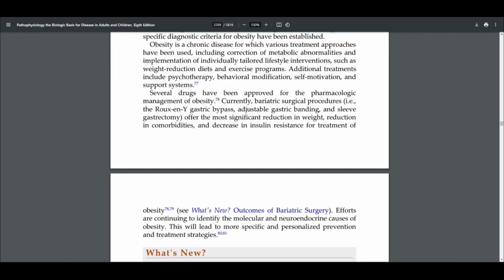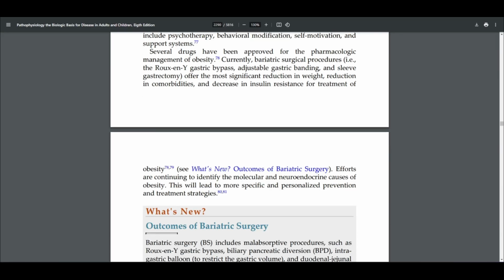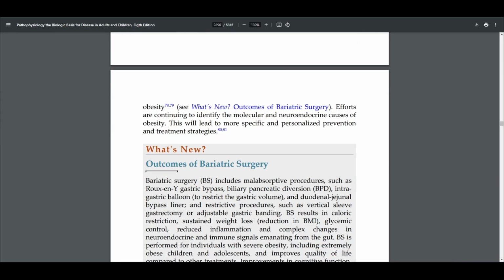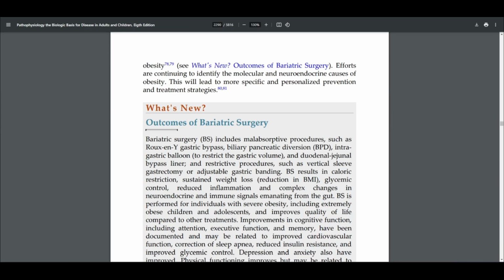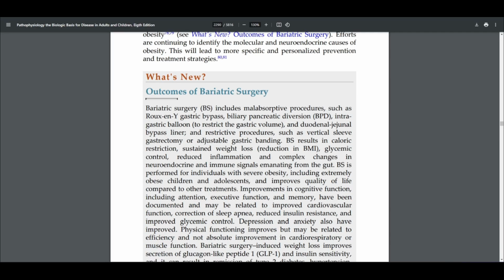Several drugs have been approved for the pharmacologic management of obesity. Currently, bariatric surgery procedures offer the most significant reduction in weight, reduction in comorbidities, and decrease in insulin resistance for treatment of obesity. Efforts are continuing to identify the molecular and neuroendocrine causes of obesity. This will lead to more specific and personalized prevention and treatment strategies.